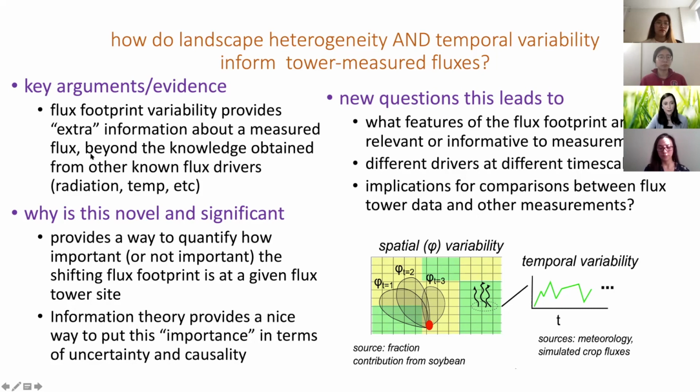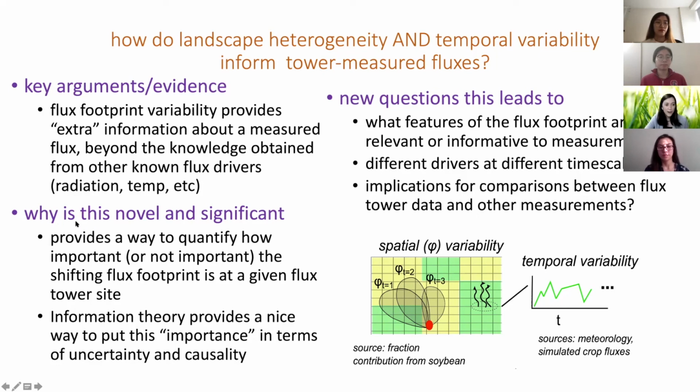So for example, previous to this experience, if I had looked at a flux tower and thought, what is going to help me predict this flux variable that I've just observed, I would have said solar radiation or temperature or wind speed. But now we know that the flux footprint itself, or properties of the flux footprint, are actually going to be informative to that flux also.